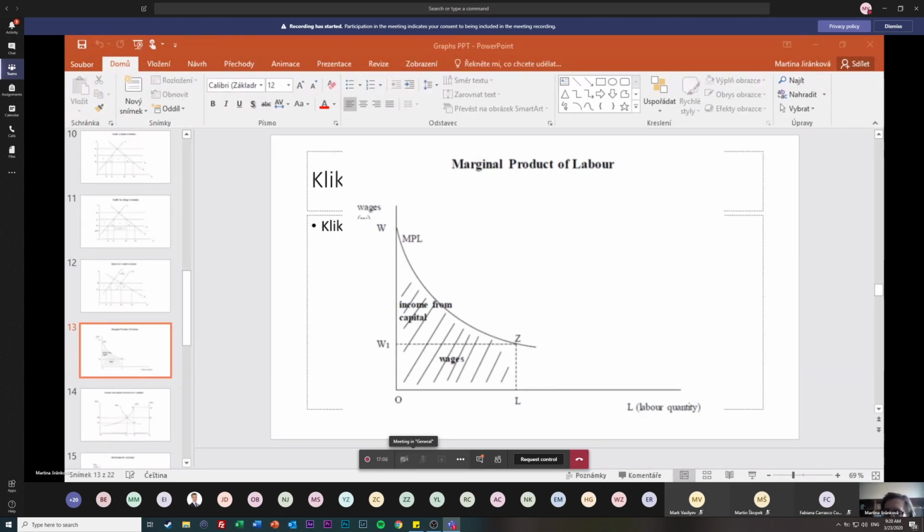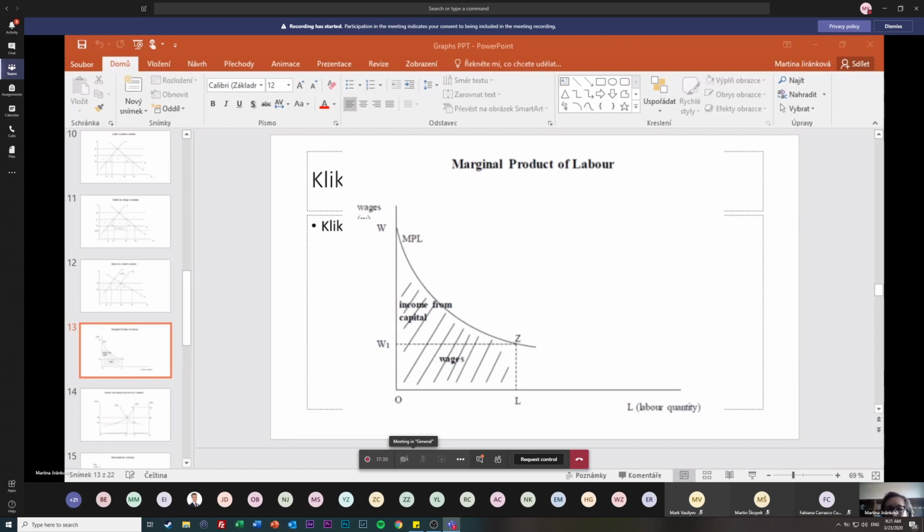Labor is a variable factor. And we are producing just one product. This assumption I will explain later. We are producing one product.